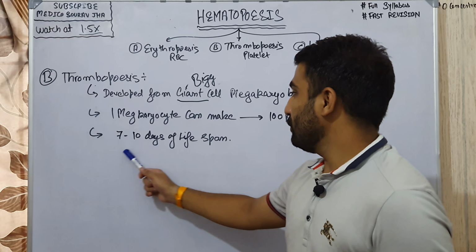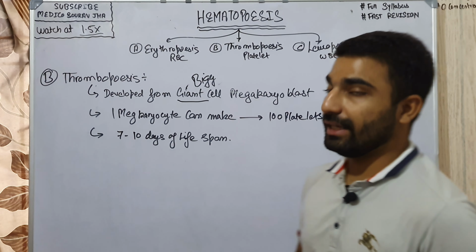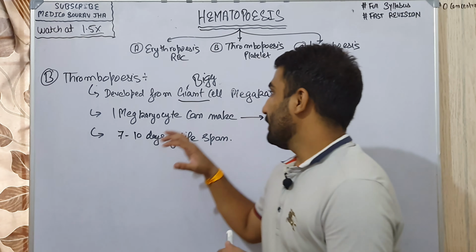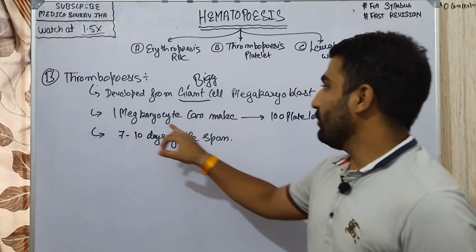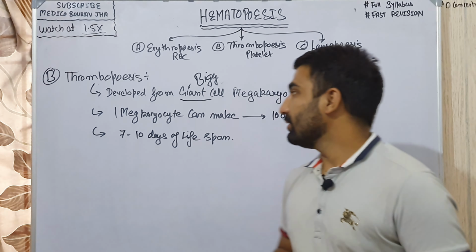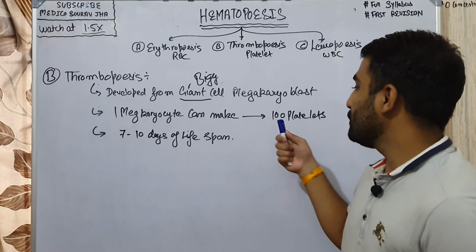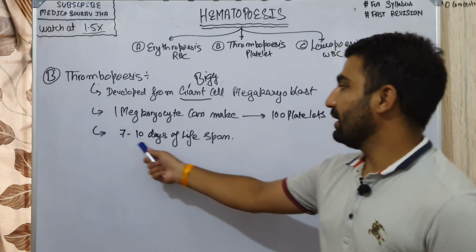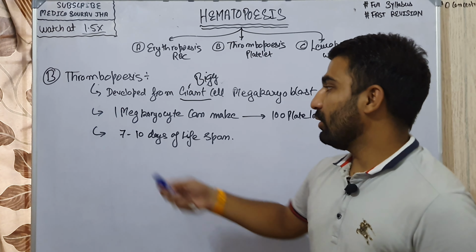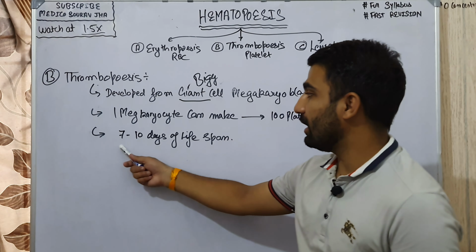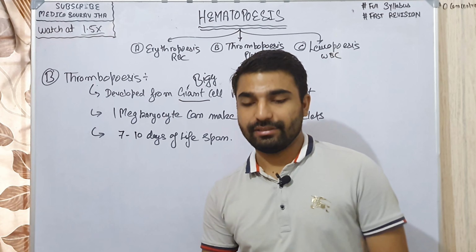Platelets have a 7 to 10 day lifespan. Platelets are very short lived because they are fragments of megakaryocyte. They are produced more frequently, and since they are just fragments, the lifespan of platelets is just 7 to 10 days.